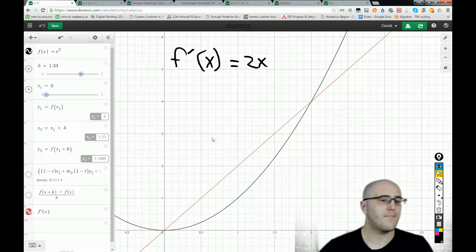Okay, so this is the function which tells us the slope of the line at any given point along the function x squared.